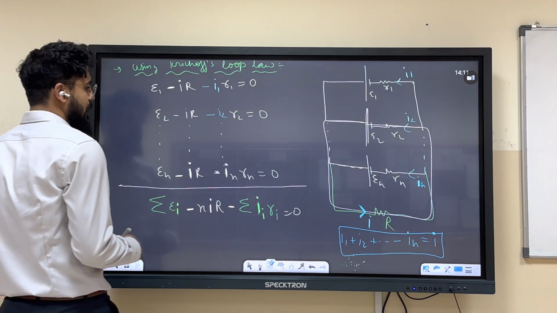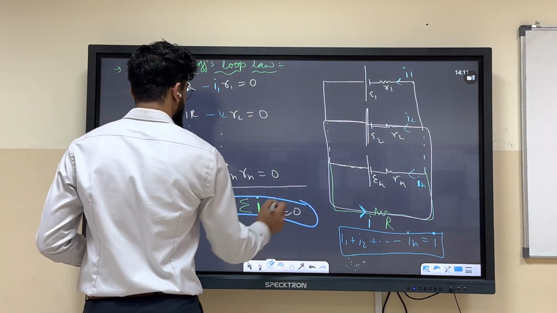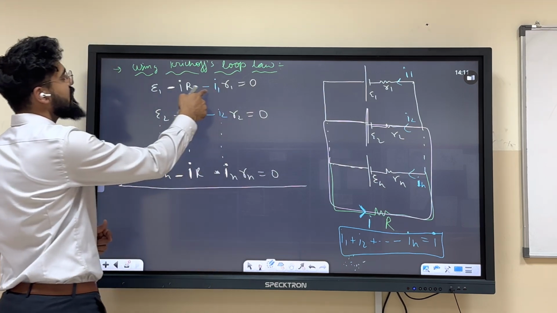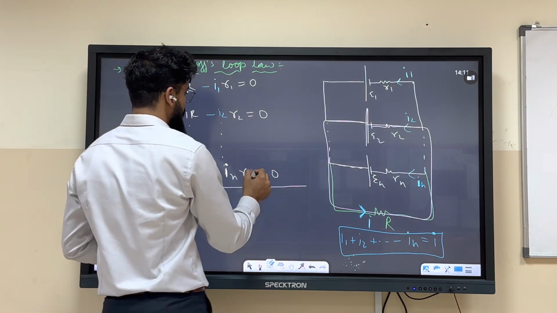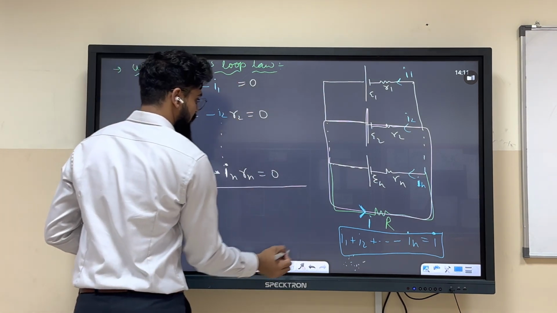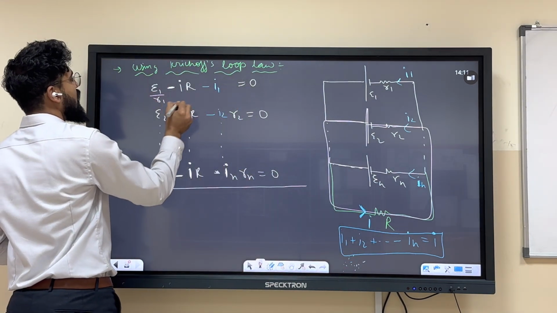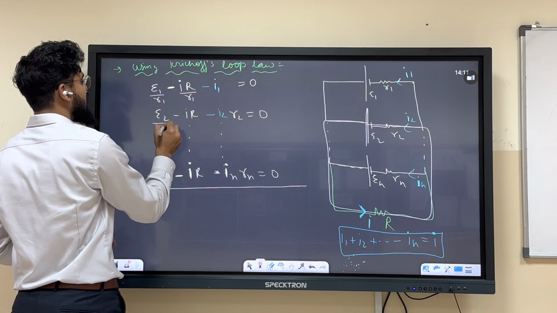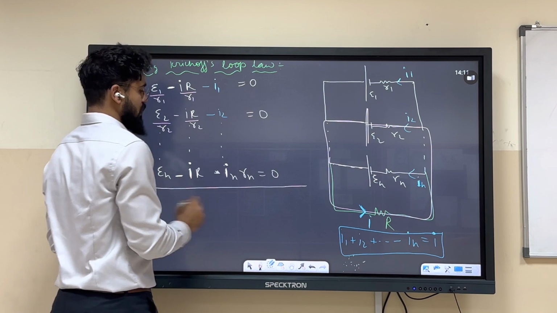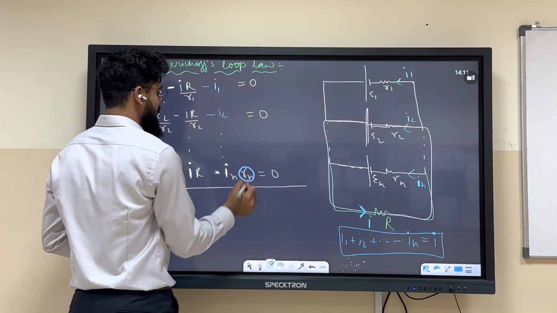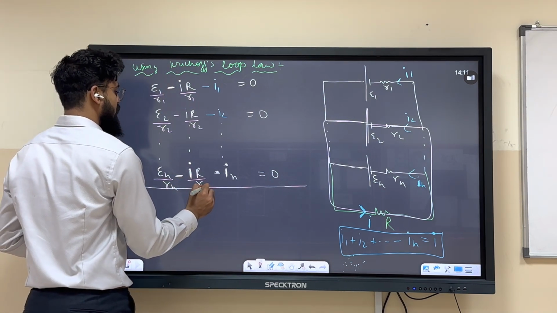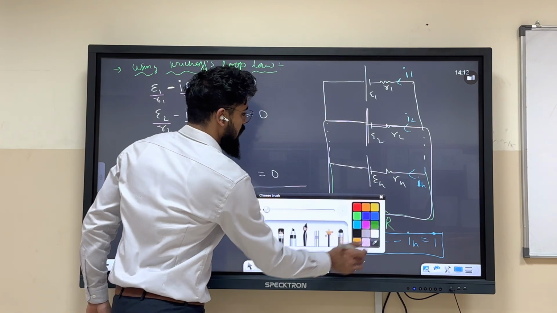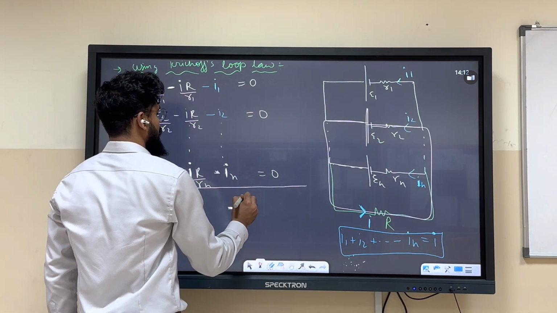Okay, in this we can play a little smartly, otherwise there will be a problem. So we will write this whole equation by dividing with R1, over here dividing with R2, because we got stuck at the end. So dividing this equation with R1, what will come? E1 upon R1 minus I, minus I1 equals 0. Over here we divide this equation with R2, and over here with Rn, equals 0. Now when we are adding all of this I1, I2, I3, I4 and In, it will become just I. So from here it works, otherwise we were getting stuck.